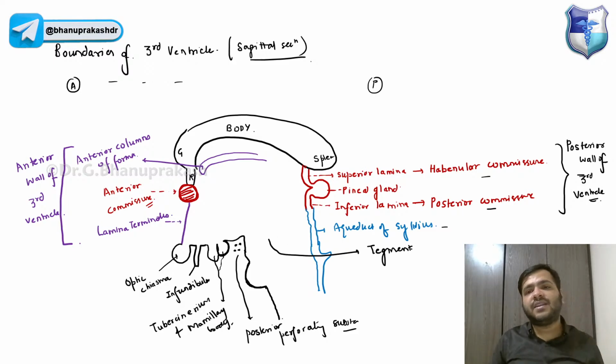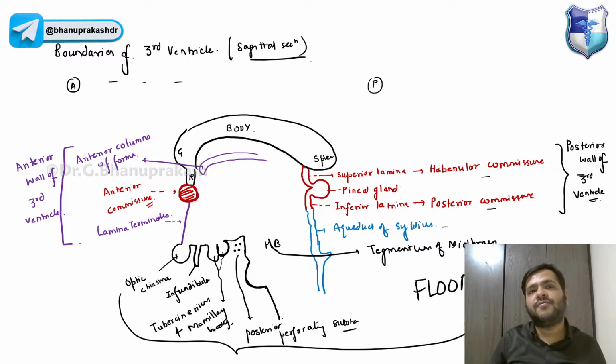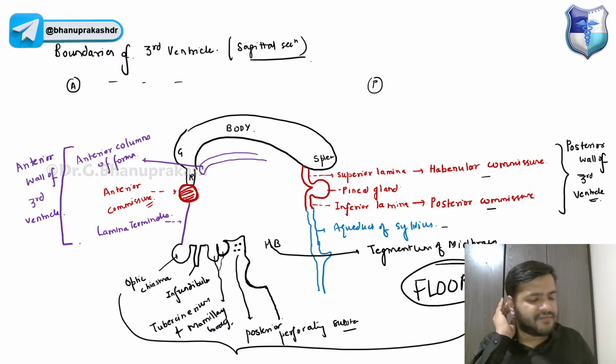We read the section, right? This is the midbrain itself, and it is the tegmentum of the midbrain. And remember, all this structure forms the floor of the third ventricle, right?